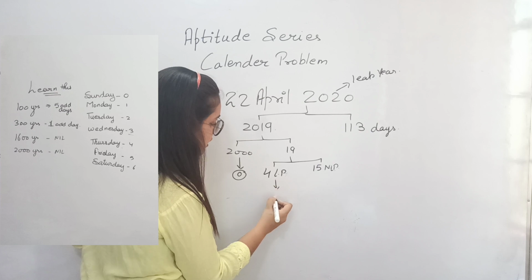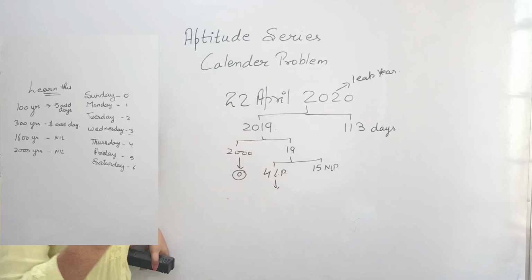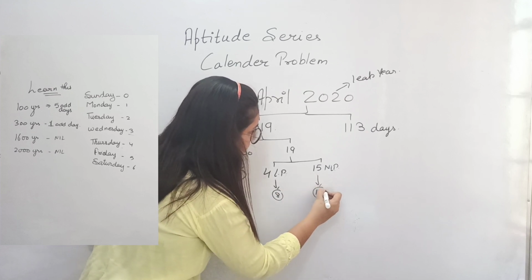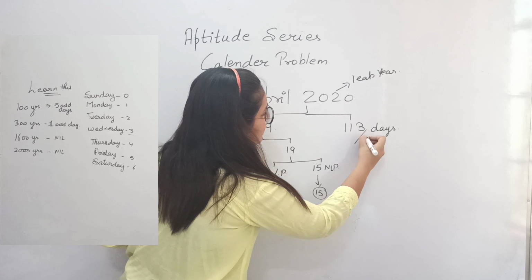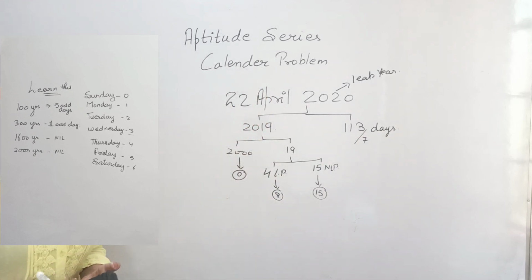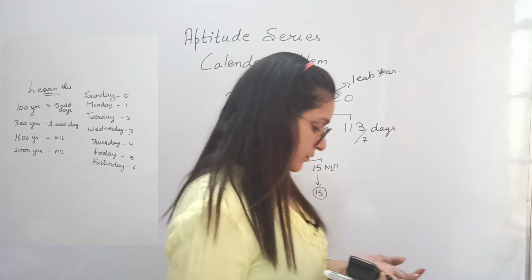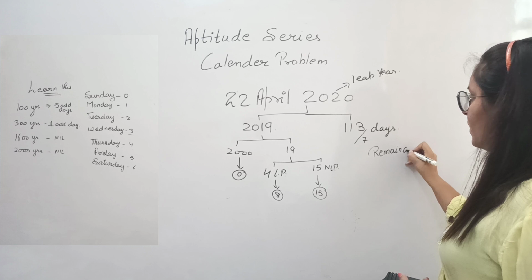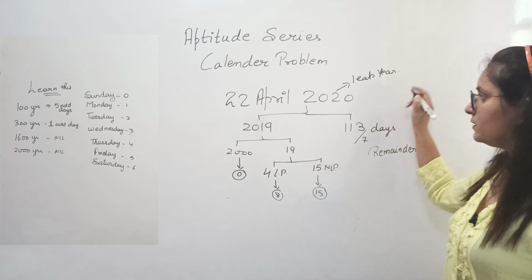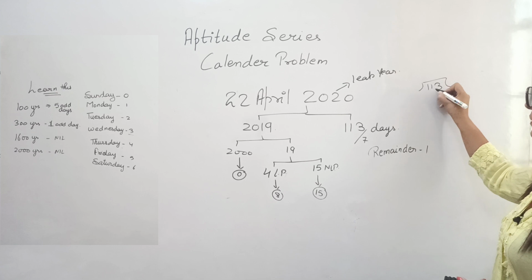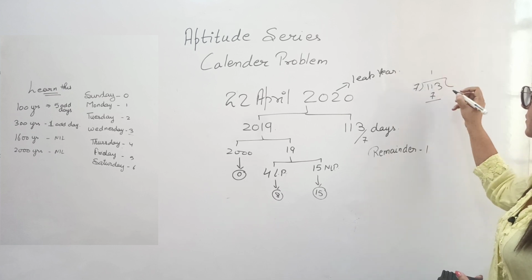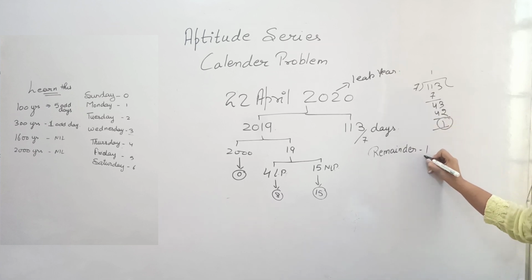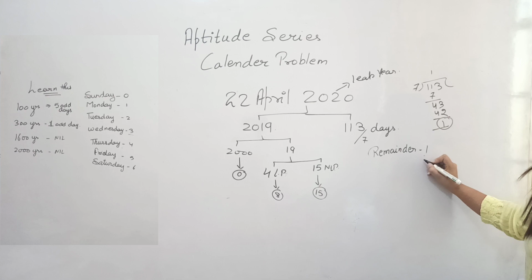So for 4 leap years, the number of odd days is multiplied by 2. This is 8, here 15, and now I need to divide this 113 by 7 to convert it into weeks. When I divide 113 by 7, I get remainder 1. So my concept is to calculate odd days using the remainder.